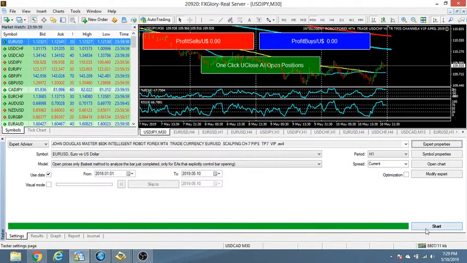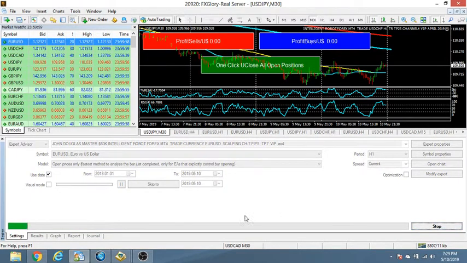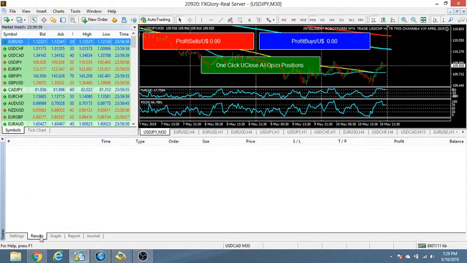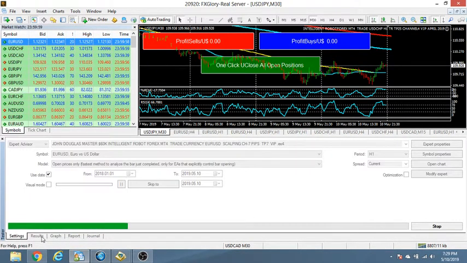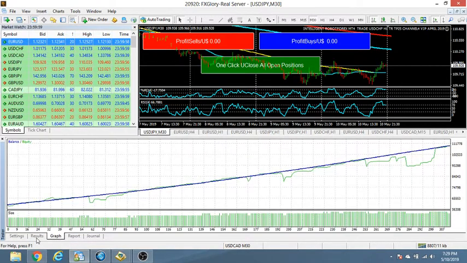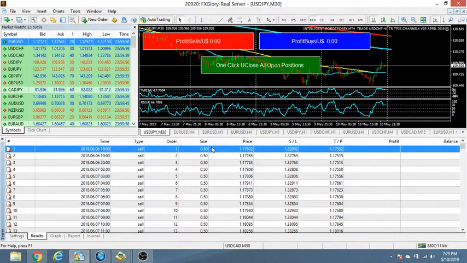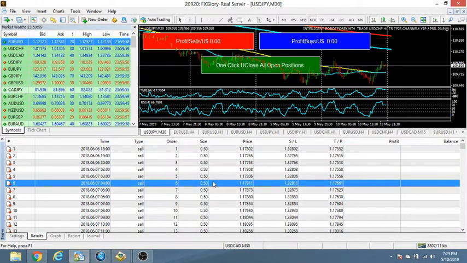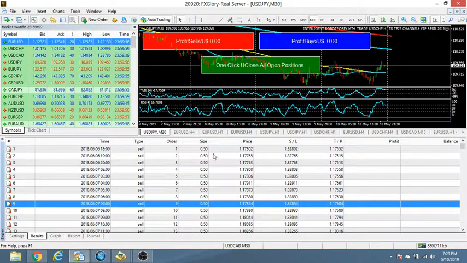Let's start it and see. As long as I start with 0.5, it will increment with the right values when you get more deposit. Look at that, right here it is 0.5, 0.5, 0.5. That's how you start the automatic trade with lot adjustment.